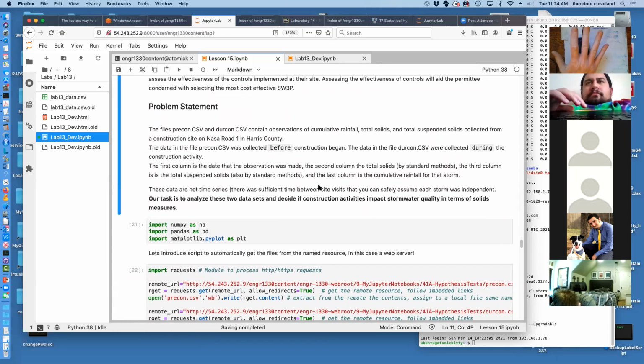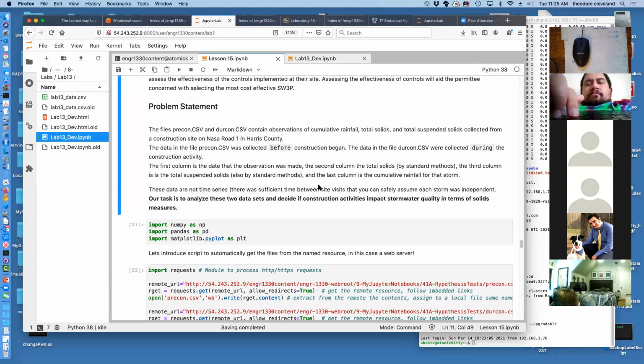So here's our actual problem. We have two files, precon.csv and duracon.csv. You've seen the text file versions of those. They contain observations of cumulative rainfall, total solids, and total suspended solids collected from a construction site on NASA Road 1 in Harris County, down by the Space Center.